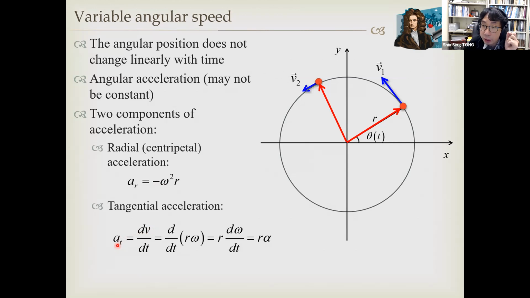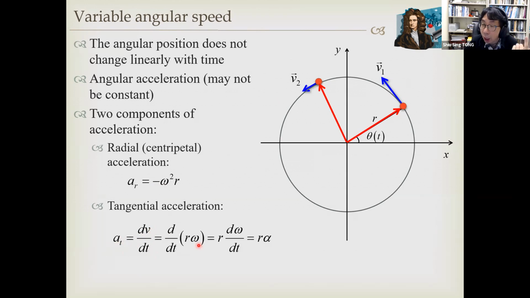And we also have the tangential component because the speed does change. Because of the speed change, dv/dt will give me the tangential component of acceleration. Now this speed changes only when the circular motion has a changing angular velocity. When the angular velocity changes, the speed of the particle also changes.